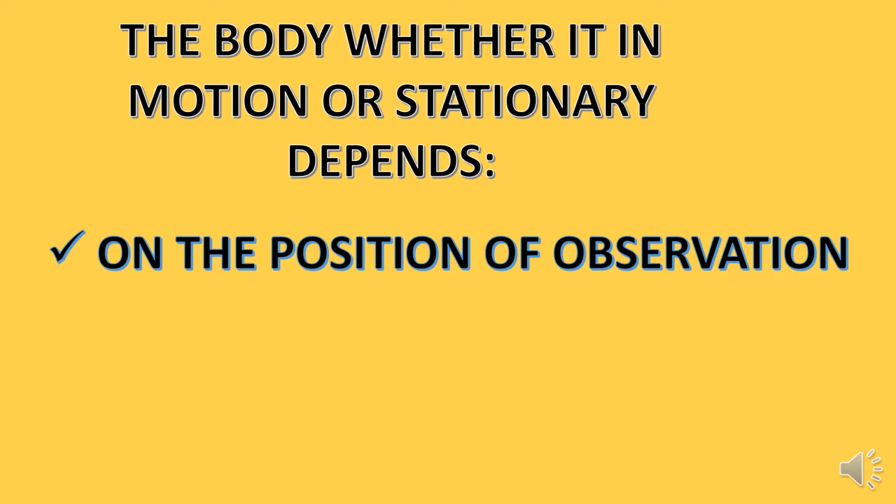That is why the positions were different, and therefore they were seeing the objects or the body in motion or some were stationary. So one important thing that you need to understand, that the body, whether it is in motion or stationary, depends on the position of the observation. Fine.